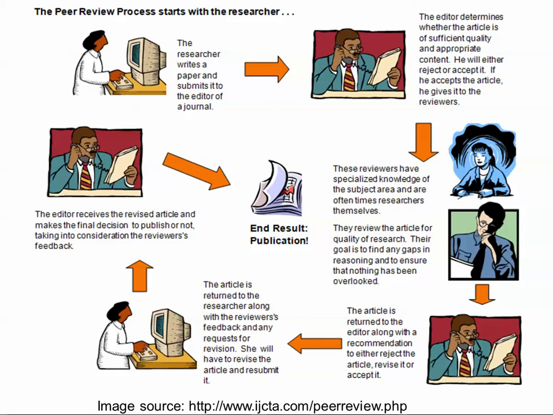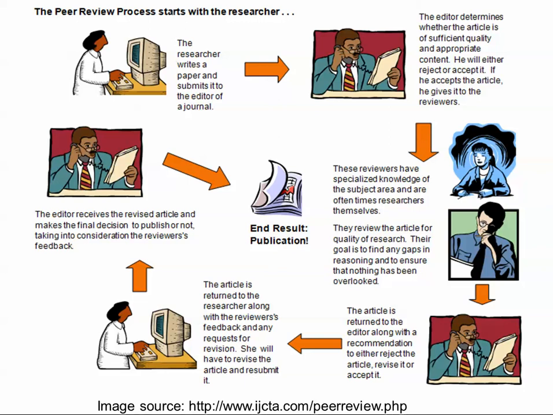They send me the manuscript, I read through the whole thing, and I evaluate it. Likewise, in any case, these outside reviewers review the article for the quality of the research, and their goal is to find any gaps in the reasoning and to ensure that nothing has been overlooked, to make sure that it's a sound argument. And then they send their evaluations back to the editor.